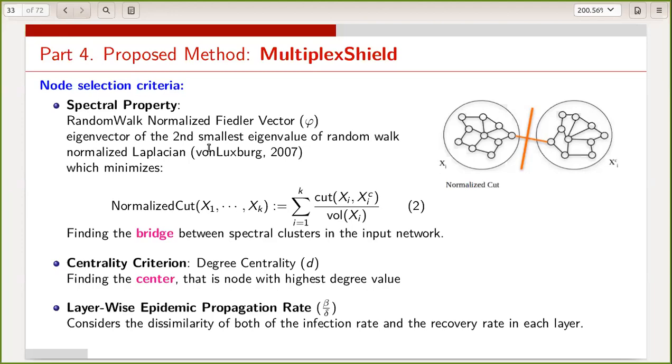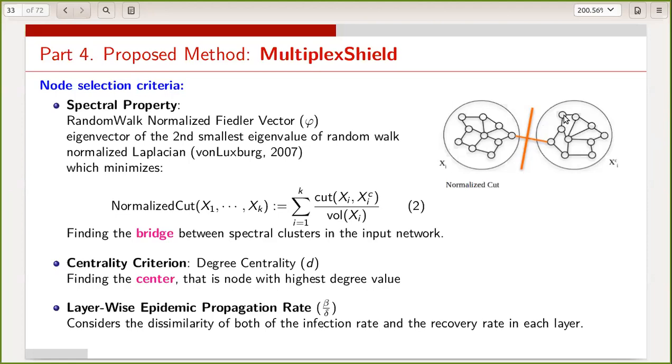It's already proven that this one is usually used by spectral cut. I think most of you already know this old method. We can find the normalized cut. The normalized cut is the spectral clustering, and so we can find the bridge, the nodes that become the bridge between the spectral clusters. So we want to improve that.